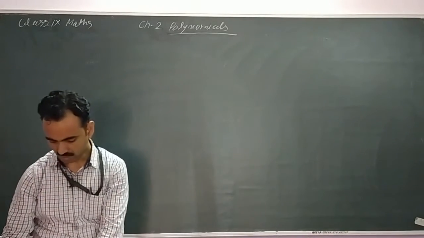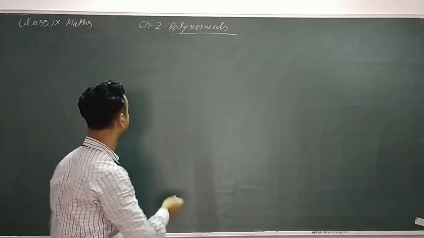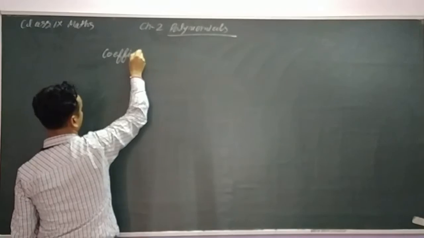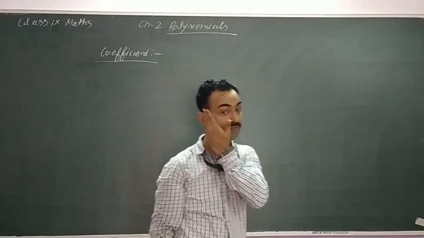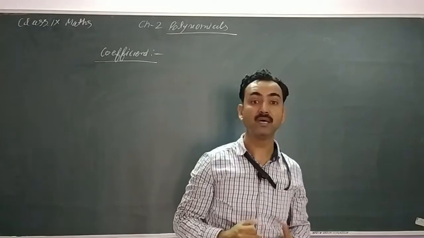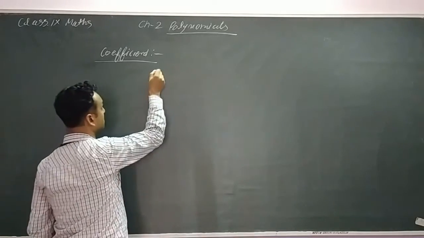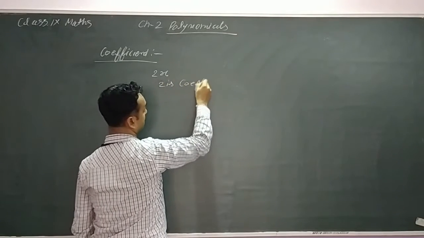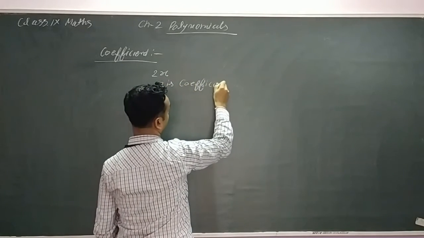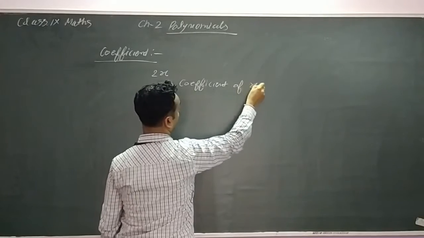Right. Now we will discuss coefficients. What is meant by coefficient? A coefficient is a number with a variable. Suppose you write 2x. Then 2 is the coefficient of x.